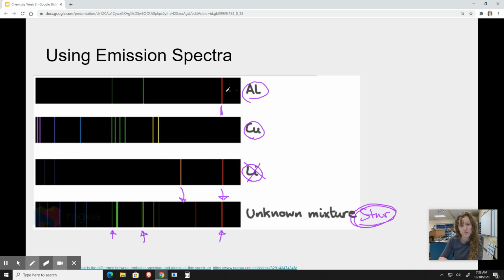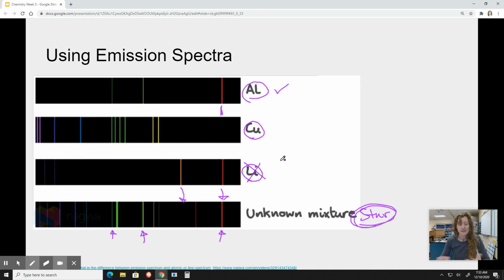All of aluminum's wavelengths line up with our unknown mixture, so we can conclude that aluminum is in this mixture. Part of this star is aluminum, so it is emitting the line spectrum of aluminum among other line spectrums. But we can conclude that aluminum is part of what makes up this star.